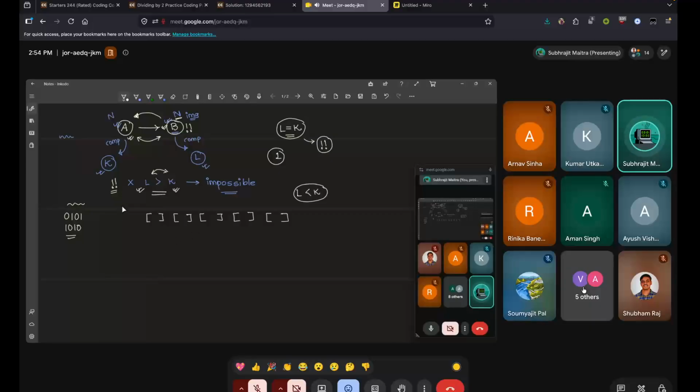If this wall has n blocks, then there are n minus 1 gaps between those blocks. What I can do is select L minus 1 gaps out of these n minus 1 gaps and put a fence on those.